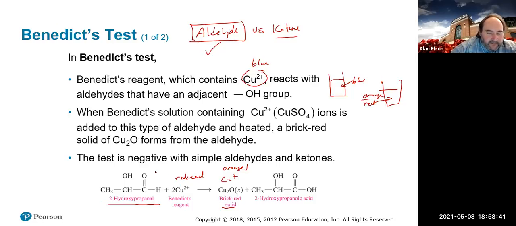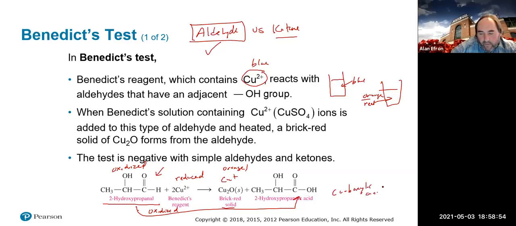This getting reduced means this guy is getting oxidized. And as we talked before, our aldehyde will get oxidized to a carboxylic acid. Remember, again, the ketone will not go through that oxidation, but here going from our aldehyde to our carboxylic acid.